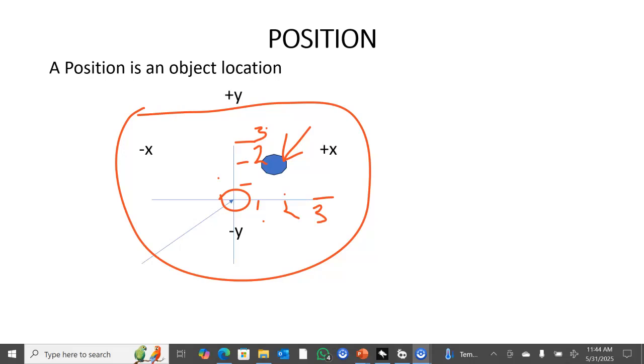So let's assume this object standing here. If one says what's the position, it can be y 2 and x 2, if you draw the line here and line here to show you where it is. It's just a position, a location. Your house is in a position because it has an address that defines the location of where it is. Okay, let's move on.